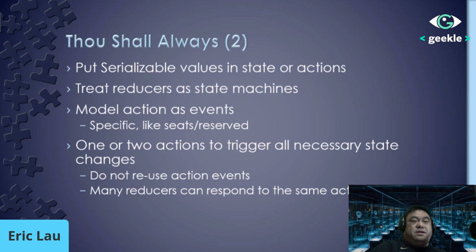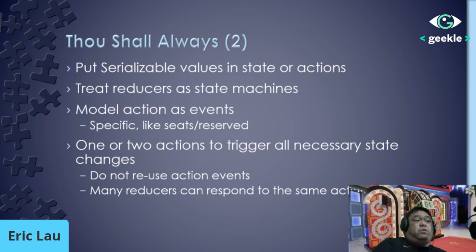And then the next point is very similar to that. You want one or two actions to trigger all the necessary state changes. So what you don't want is a scenario where you fire something and it causes 5 or 6 actions to fire. Then it becomes very difficult to figure out, well, what was the thing that started it in the first place.